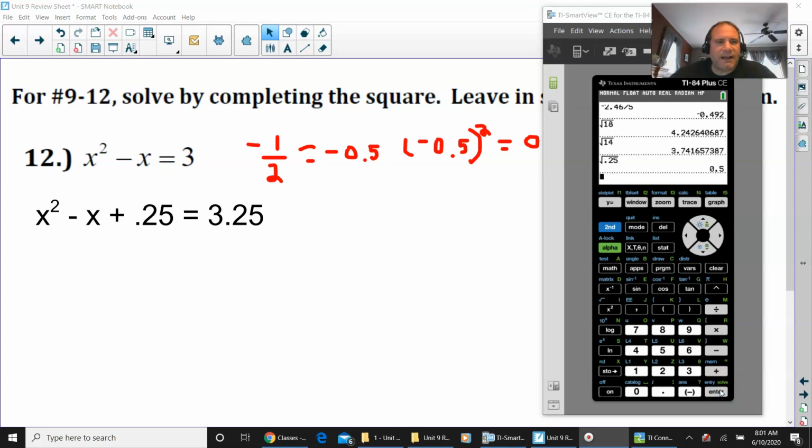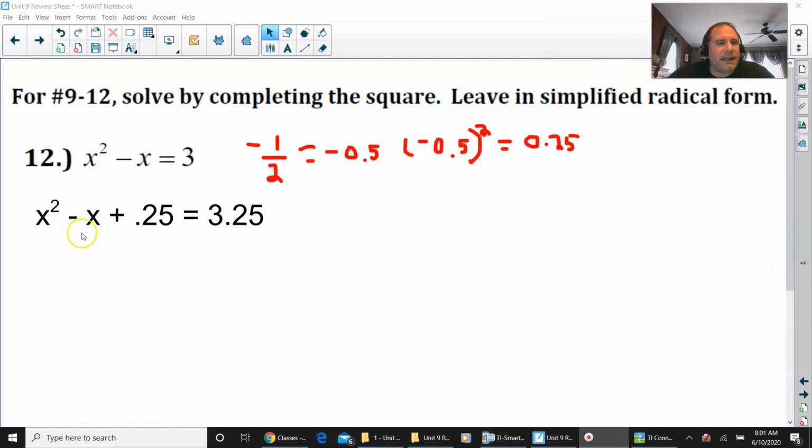So 0.5 times 0.5 tells you exactly what times what equals 0.25. But it has to be a negative to add to that negative 1, right? So it's negative times a negative to make a positive, and negative plus a negative to make that negative 1.